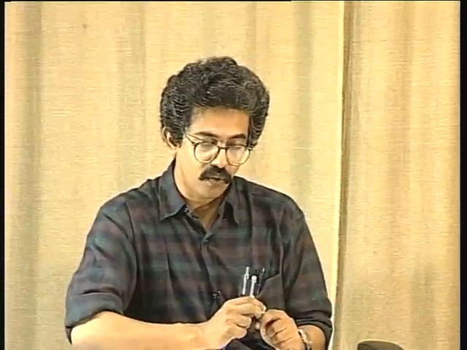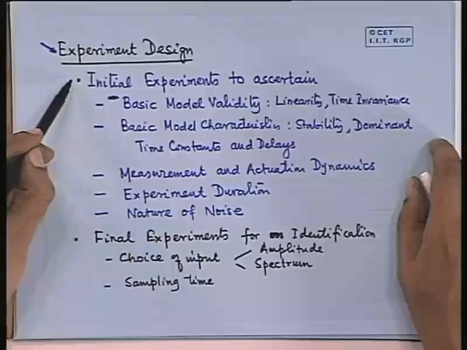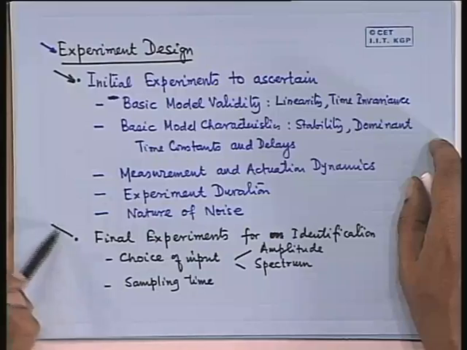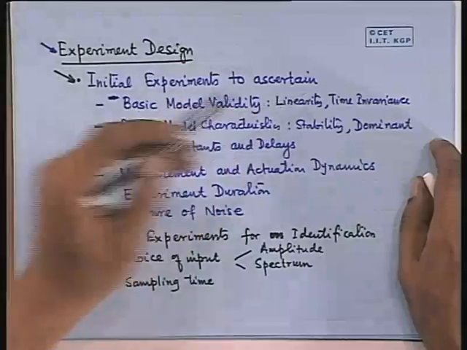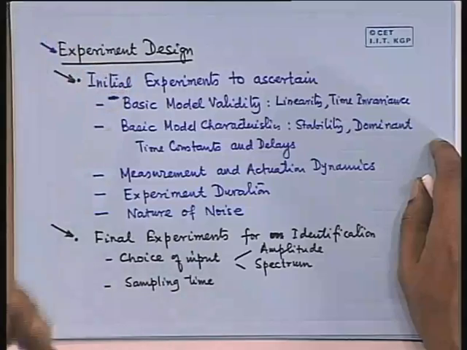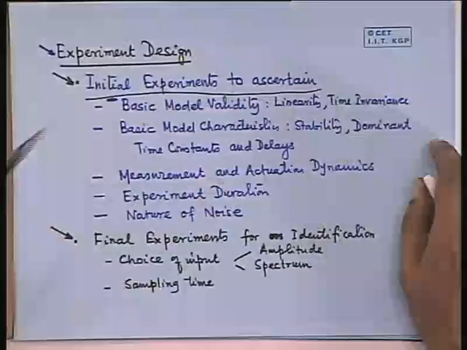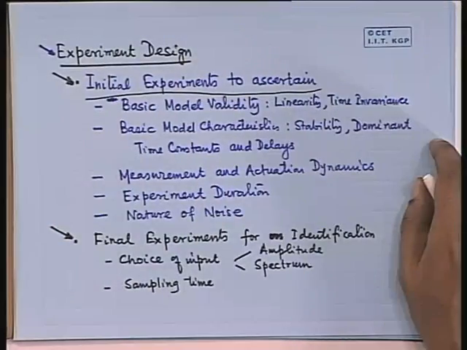So actually you must remember that experimentation needs to be done at two stages. As I said, to be able to have a good estimator, you need some a priori knowledge about the system and its environment. So you must plan your initial experiments to determine certain things before you actually go for data collection.